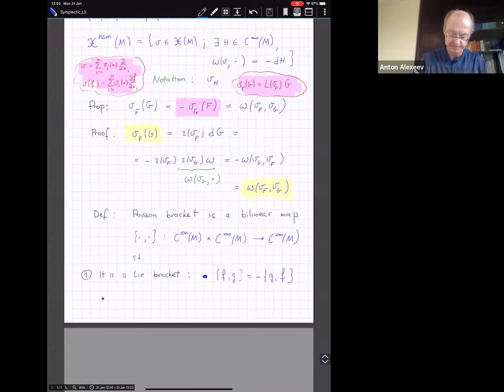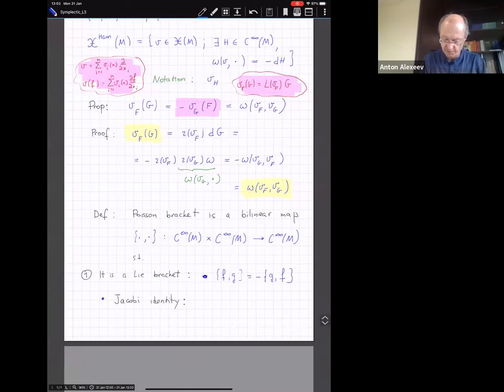And second, and that's the complicated property, is the Jacobi identity, which says that {f,{g,h}} plus {g,{h,f}} plus {h,{f,g}} is 0 for all f, g, h in C infinity.